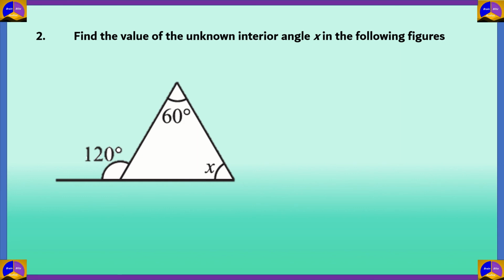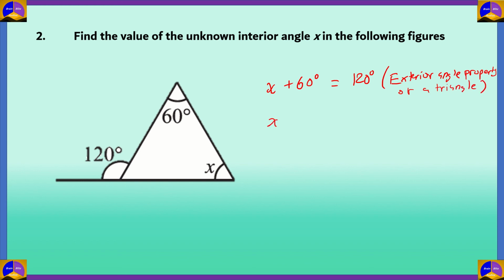Next question. So in this question, 120 degrees is the exterior angle, and 60 degrees and x are the interior opposite angles. So x plus 60 degrees is equal to 120 degrees. Reason: exterior angle property of a triangle.